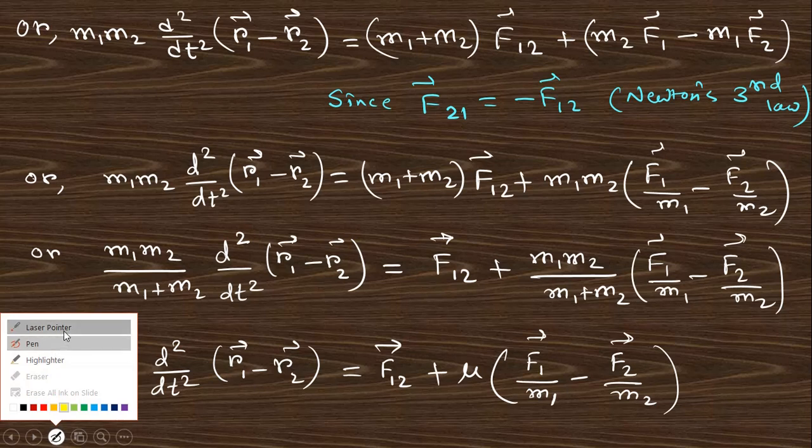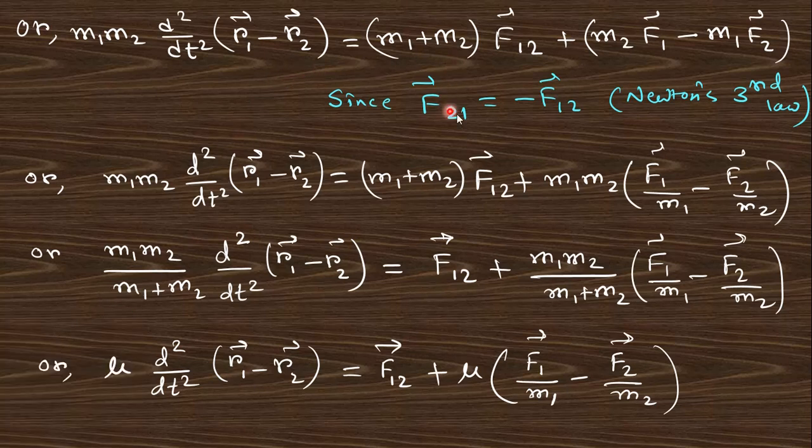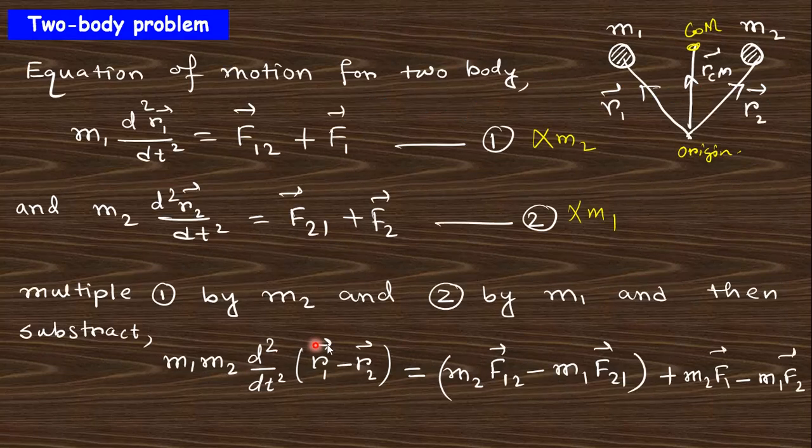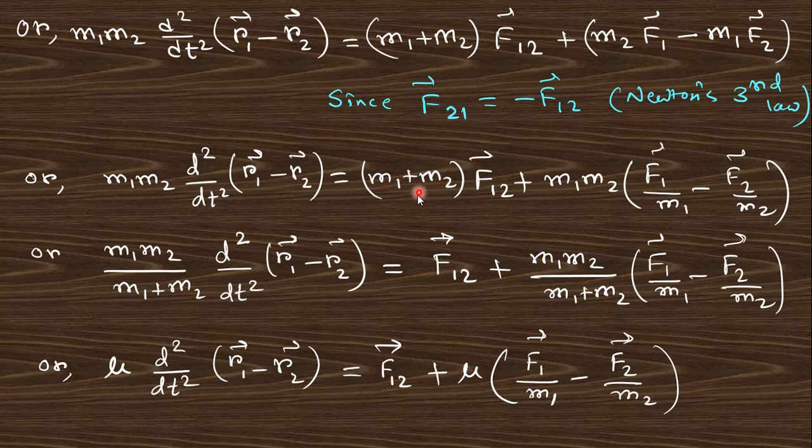Now just calculate. Here you use Newton's third law, that F21 can be written as minus F12, and this can be written here, and take m1 m2 such that you can write here, and then divide by m1 plus m2.